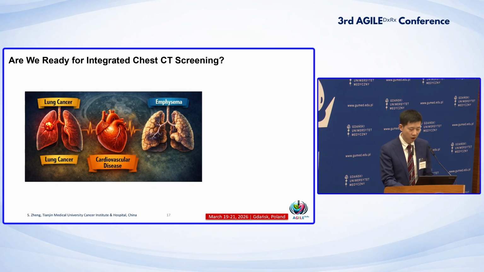And regarding the question, are we ready for the integrated chest CT screening?